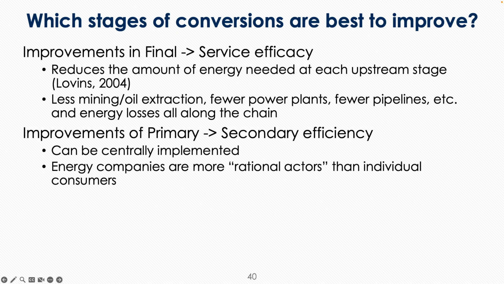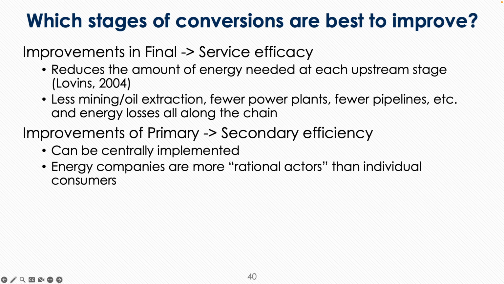But improvements in the primary to secondary efficiencies, so things like improving the power plant, might be easier. It can be centrally implemented, and energy companies are more rational actors, we'll call it, than individual consumers.